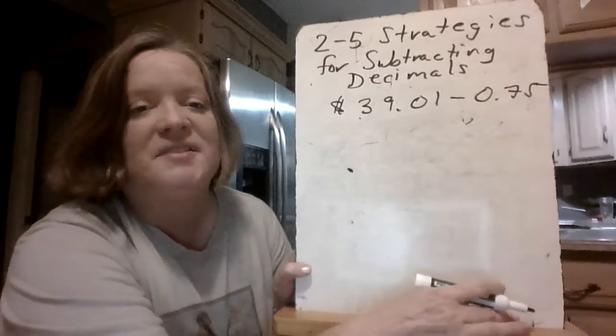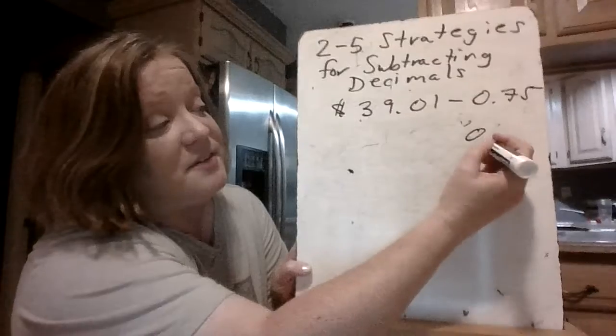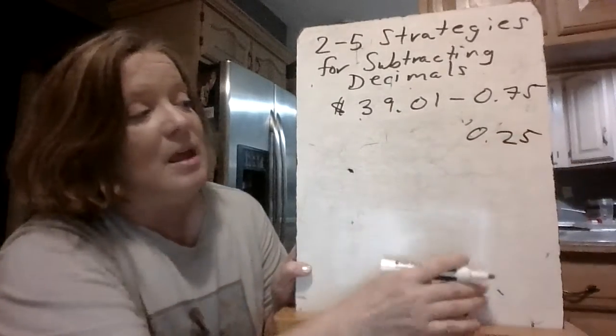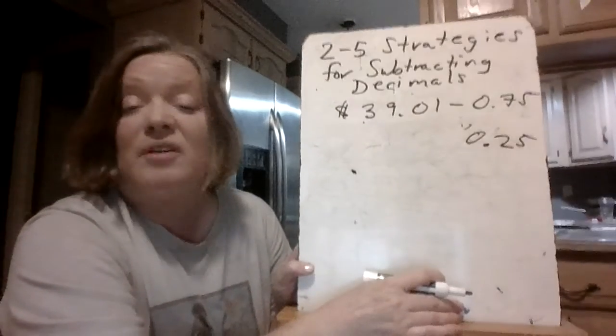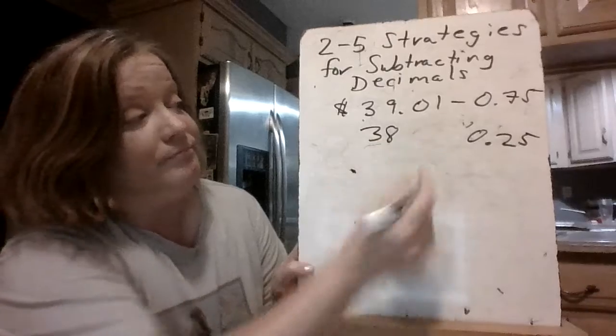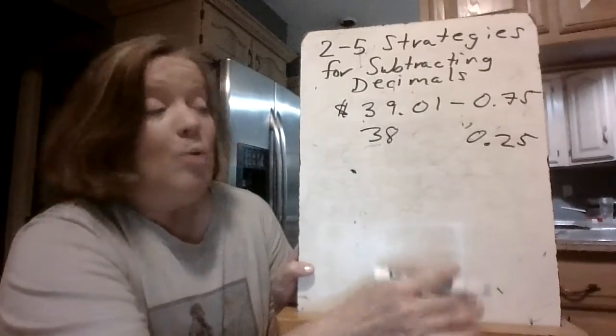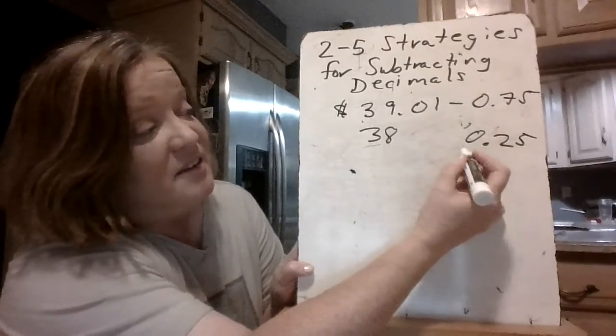If you look at 75 cents, how much more would I need to make $1? I need 25 cents, right? And then I'd be at $1. And what's $1 off of $39? $38, right? And what would be left over is that 1 penny, which I could add on to this.